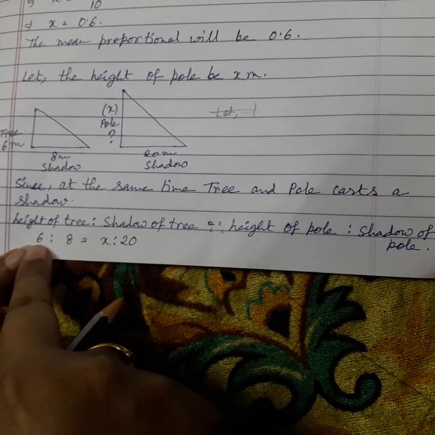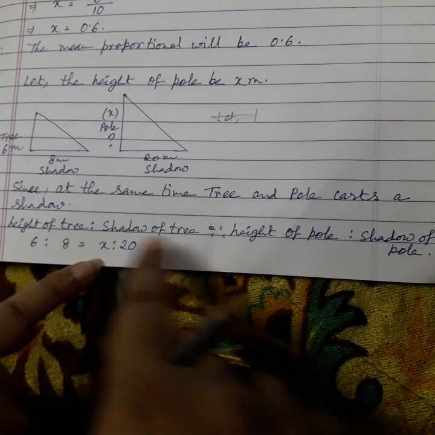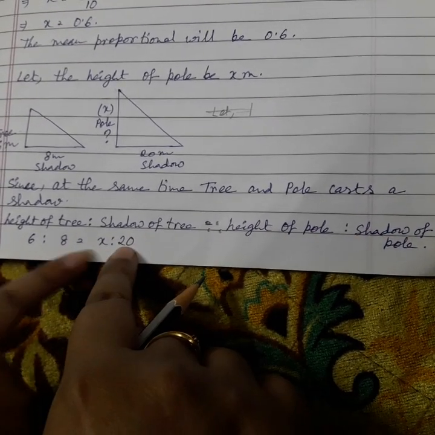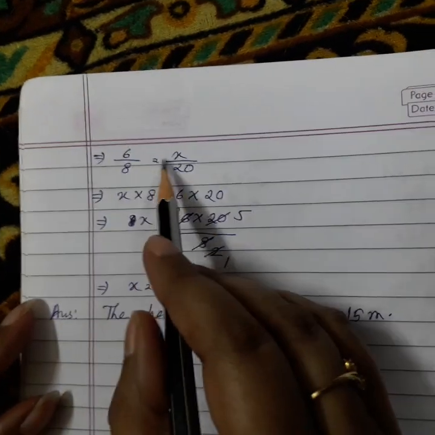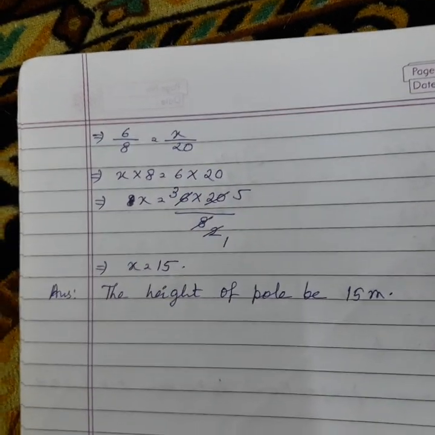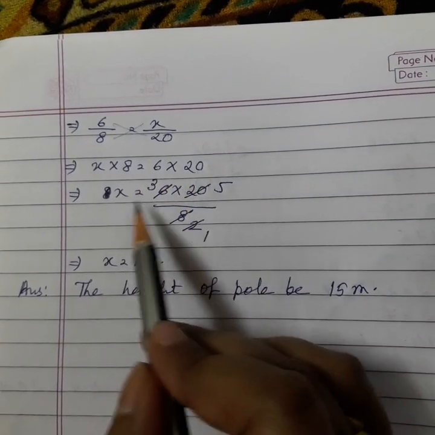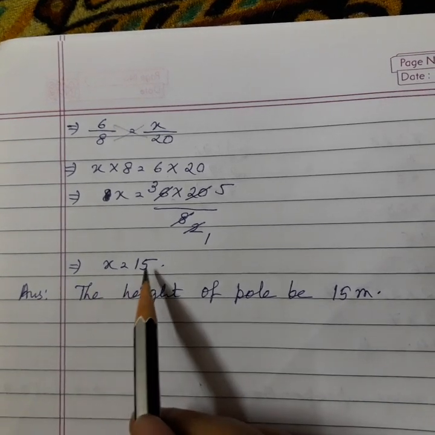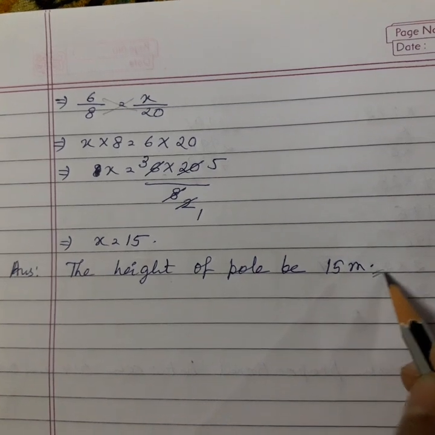So 6 is to 8 equals x is to 20, written as 6 by 8 equals x by 20. Then we do the cross multiplication, so x into 8 equals 6 into 20, x equals 6 into 20 by 8. Then do the cancellation. So x equals 15. That means the height of the pole is 15 meter. That will be the answer.